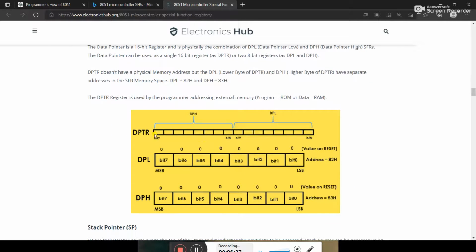There are the pointer registers. So I have already discussed DPTR. DPTR is your data pointer and is used to access the internal or external ROM. There are two registers, DPH and DPL, which are special function registers, and on reset their values are 00.